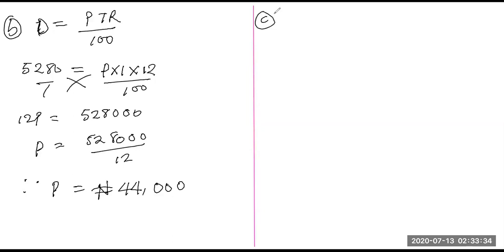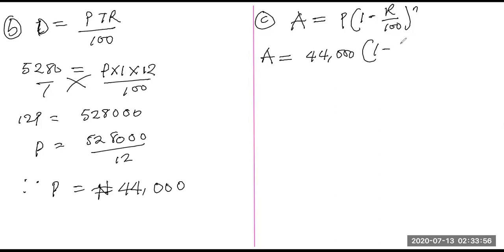For question C, the amount is equal to P into 1 minus R over 100 raised to power N. So the amount at the end of the depreciation is what I'm looking for. We have our P, the original amount, which is 44,000, into 1 minus the rate, 12 over 100, raised to power 3.